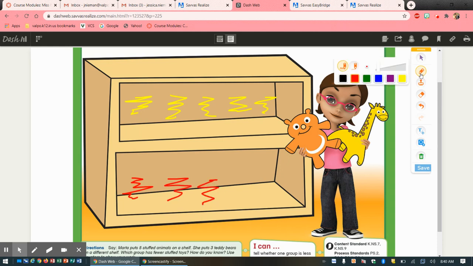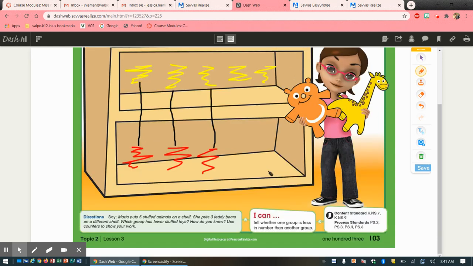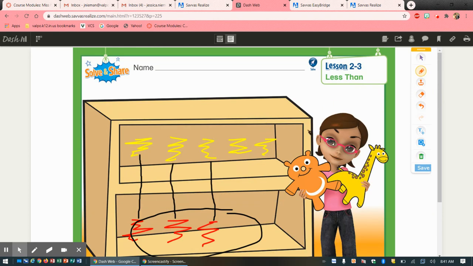Now, in order to know if there are more here or less here than here, you're going to draw a line. So there's a matcher there, a matcher there, a matcher there. I have 2 left over. So which shelf has fewer stuffed animals? We have extra here and there's nothing here to match. So this must mean that there are fewer there. Very nice. Nice job.